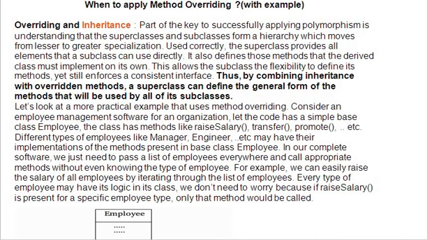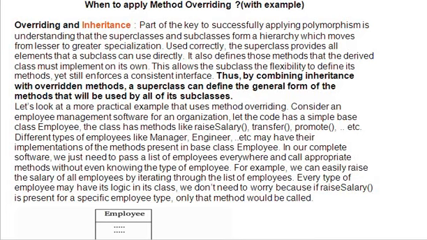So consider employee management software for an organization. The class Employee has methods like raise salary, transfer, promote, etc. We have different types of employees like manager, engineer, etc. that may have their own implementations of the methods present in the base class Employee.